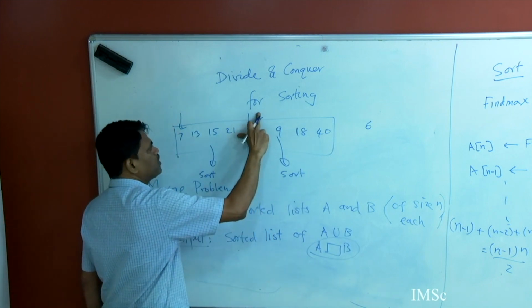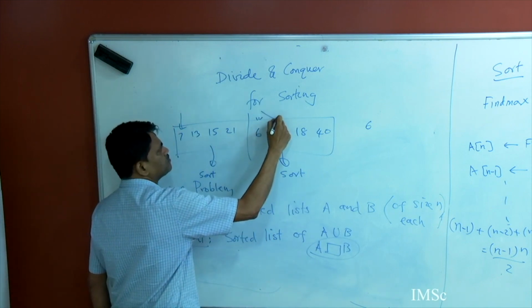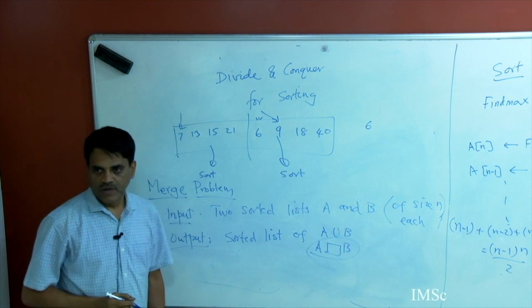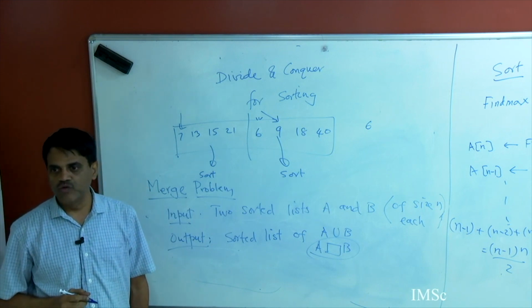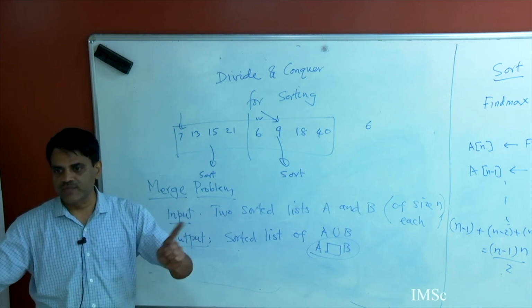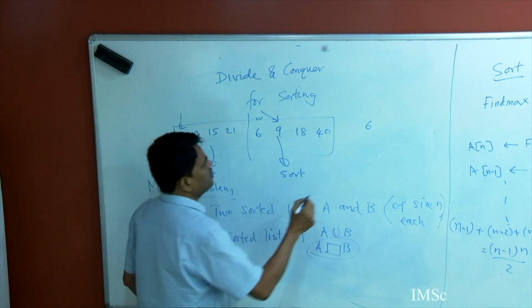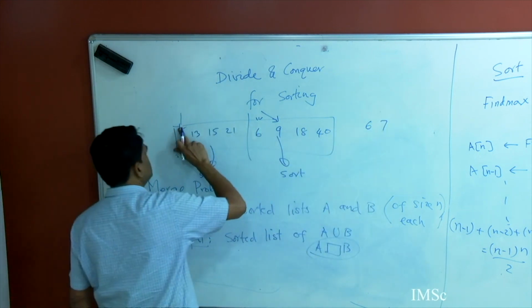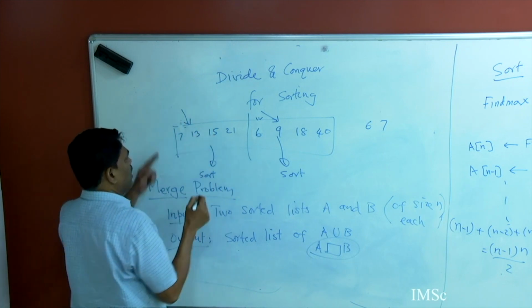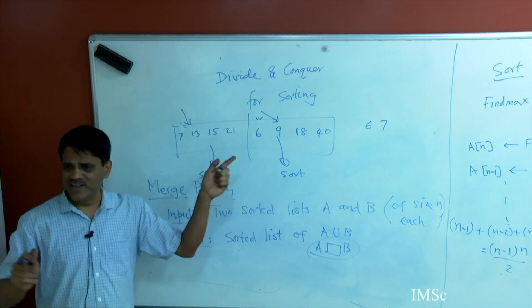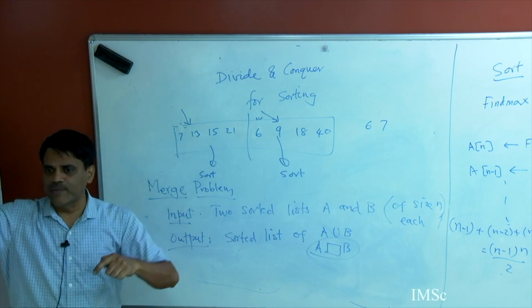Once I output, I will move this pointer, and I compare the two current minimums now and output it. So this pointer movement is nothing but some variable getting updated, right?